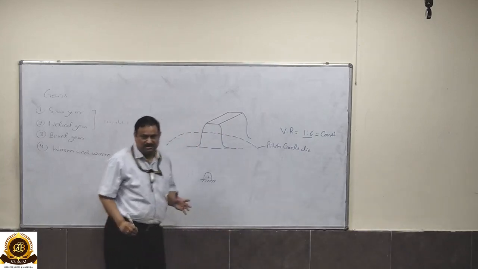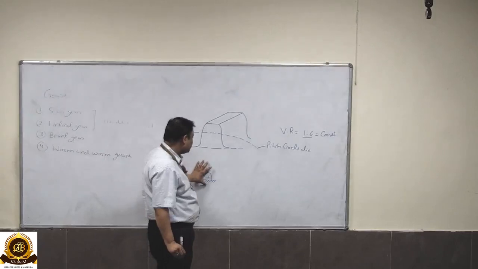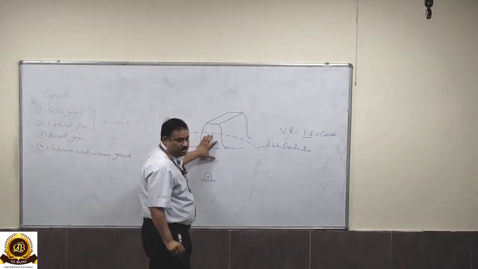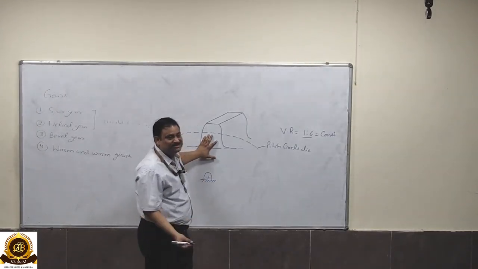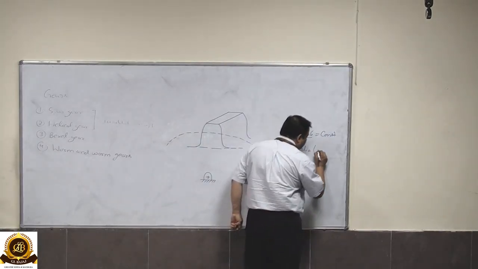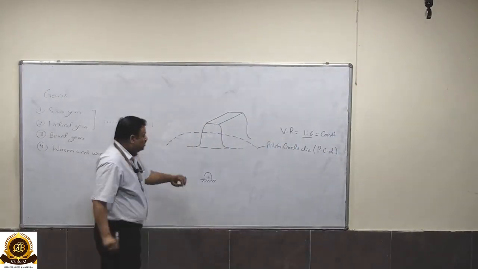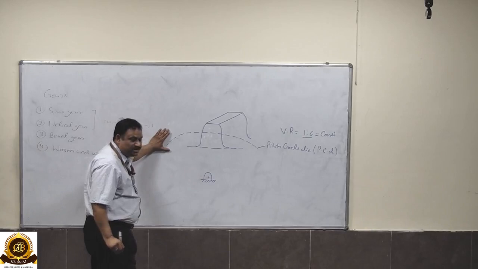Pitch circle diameter is basically the radial distance from the center of the axis of rotation to the tooth. Basically the size of the gear is defined with the help of the pitch circle diameter. It is called, in short, PCD. This is very important to define a gear size.